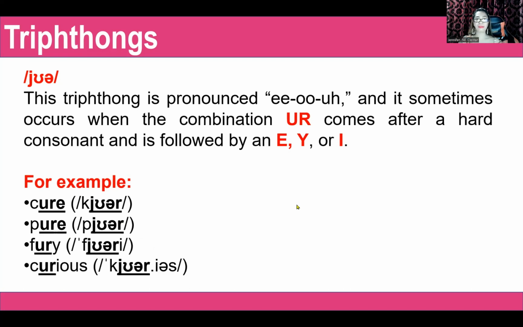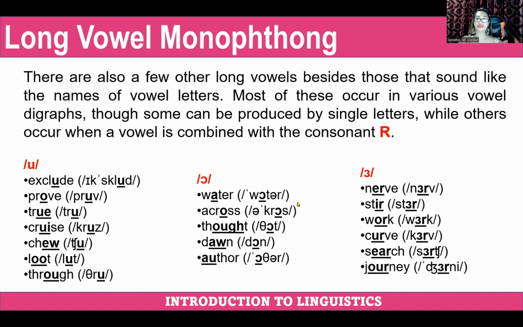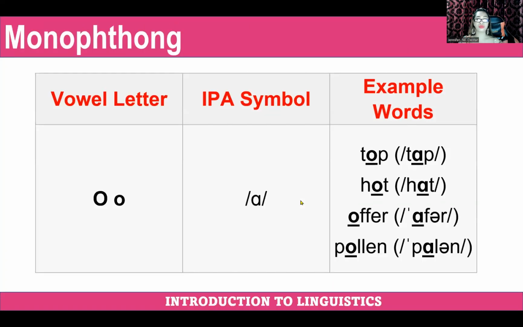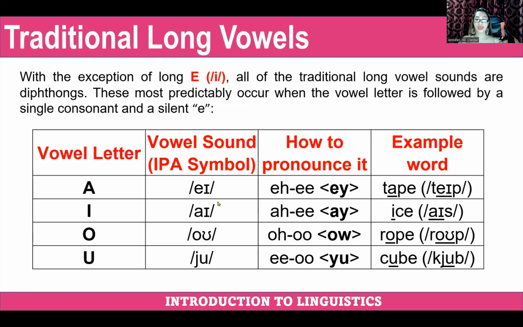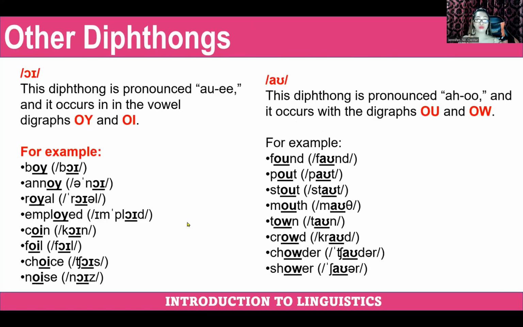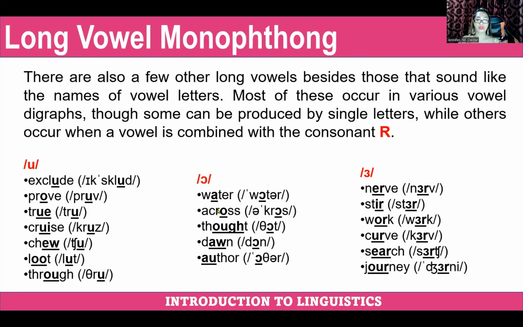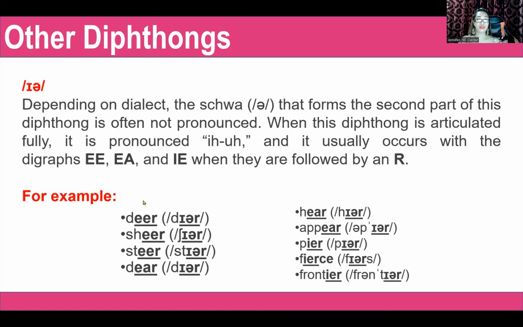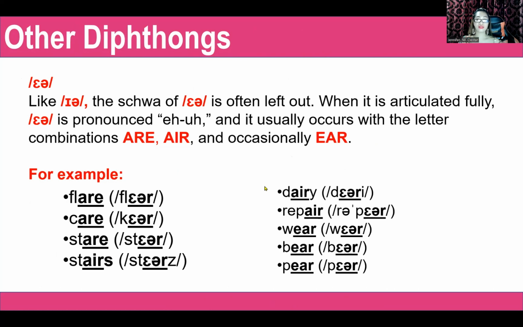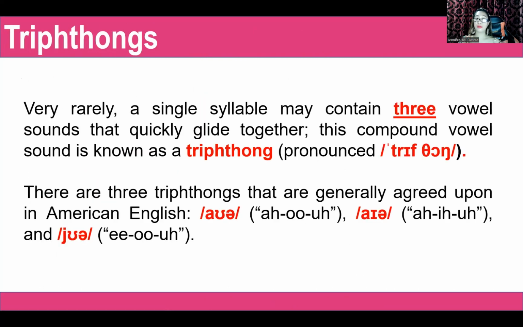So let's have some recap. What are the sounds that you remembered? Let's start with diphthongs. The A, the I, the O, and the U. It's already given. Additionally, the OI and the O, the E, the A. And then how about triphthongs?